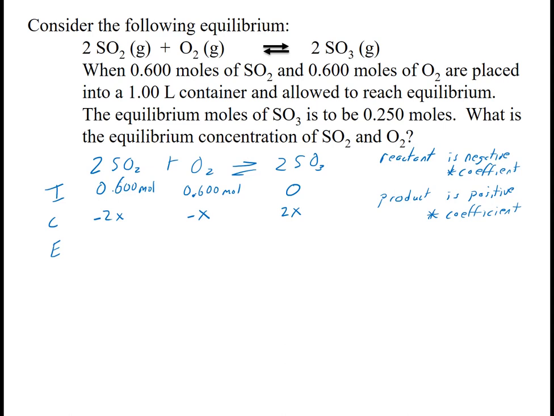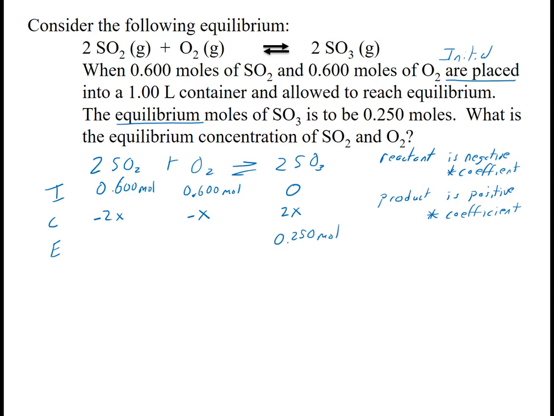And then it says the equilibrium. So this is going to tell you that the difference is that these are placed, that means initial. And this one says equilibrium. Okay, so the equilibrium amount of SO3 is 0.250 moles. Now, which one of these species, SO2, O2, or SO3, do I have both the I and the E for?